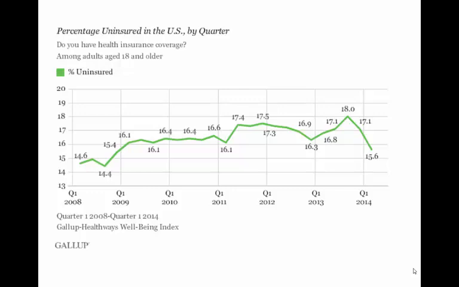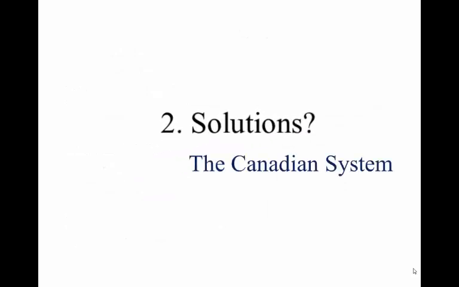So it looks like the ACA has been making some progress. Note, though, that this drop just puts us back to where we were in 2009. The problem has not been solved. So let's look at solutions, starting with the Canadian system.